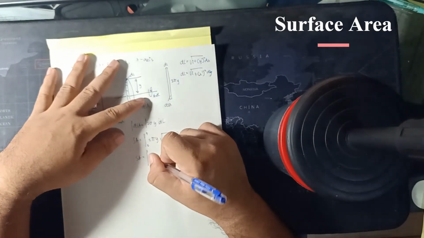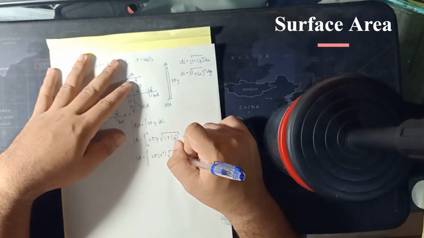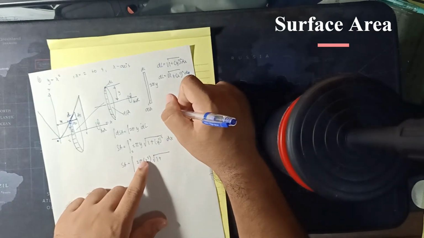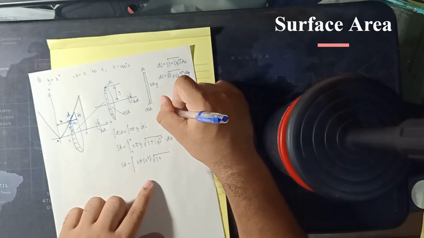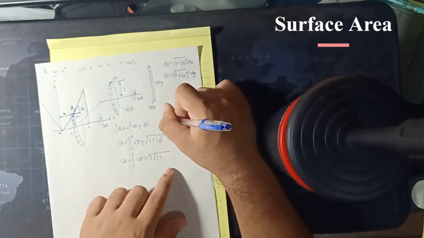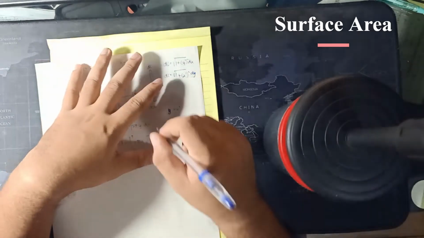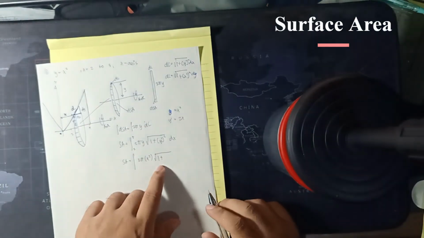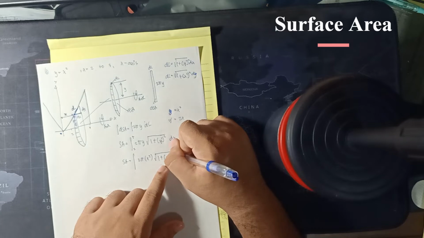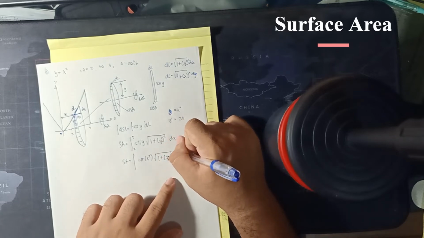This is now the integral of 2 pi x squared, the square root of 1 plus y prime squared, where y is equal to x squared. So your y prime is just taking the derivative of x squared, that would be 2x. So this would be the square root of 1 plus 2x squared dx.